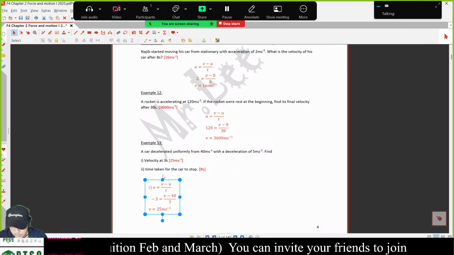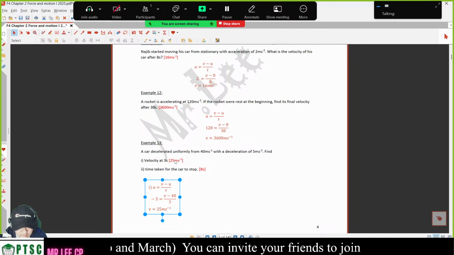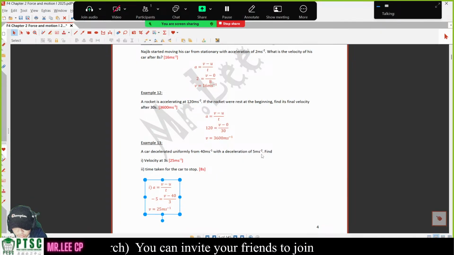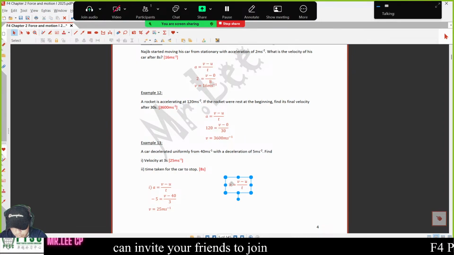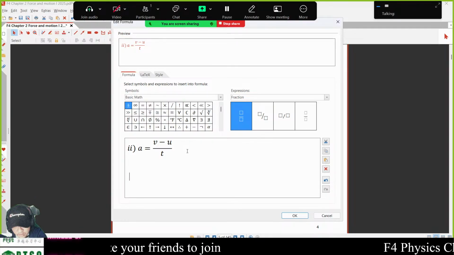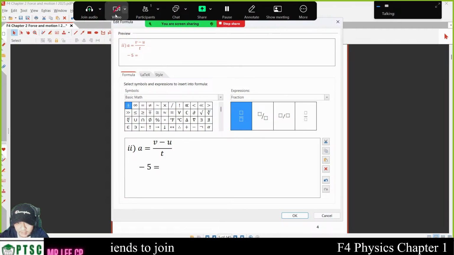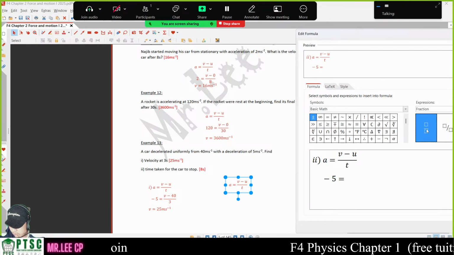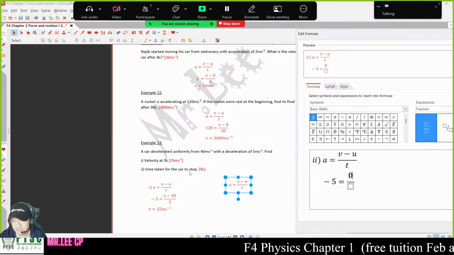So number 2. Time taken for the car to stop. You cannot use the information here already. Teacher, the velocity is 25? No. You cannot use this already. So you have to use here, here, and here. Number 2, they are asking me time taken for the car to stop. So I don't know how long it takes. The deceleration is still 5. So v minus u. Final velocity, stop, is 0.